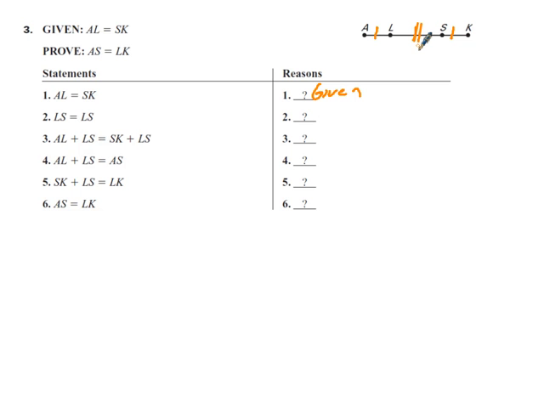That'd be the reflexive property. And we can put PROP there for property. Now we're adding LS to both of these things up here, aren't we? So that is the addition property of equality.